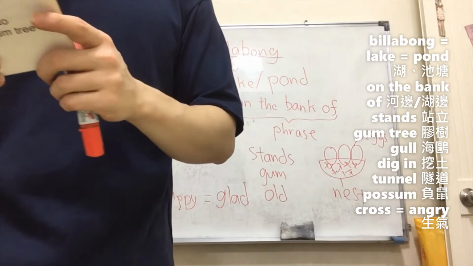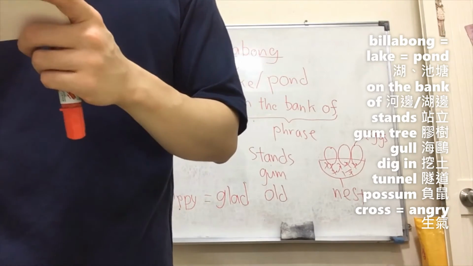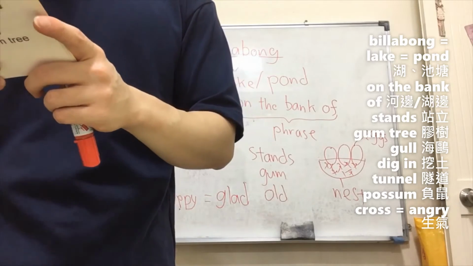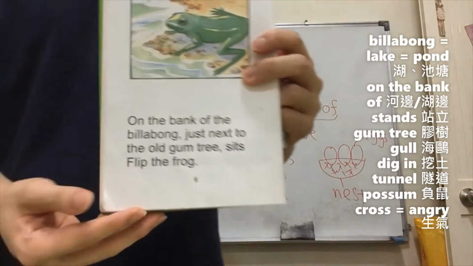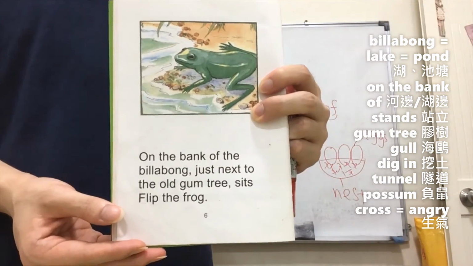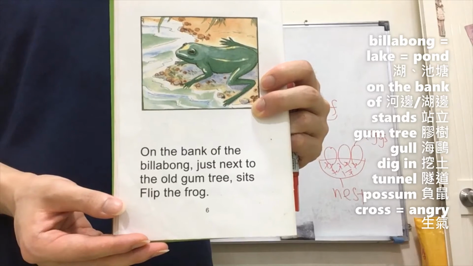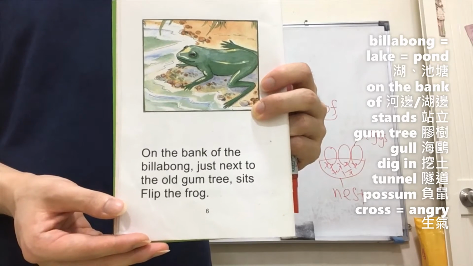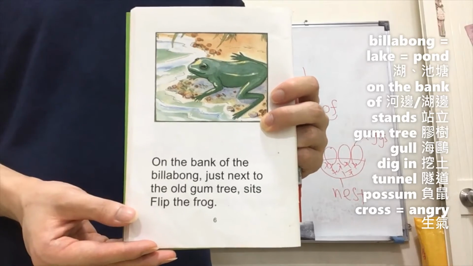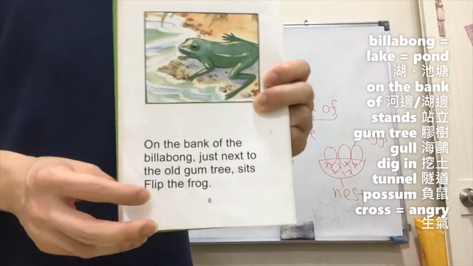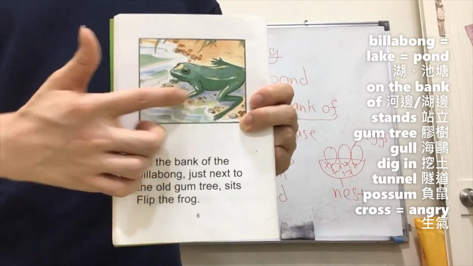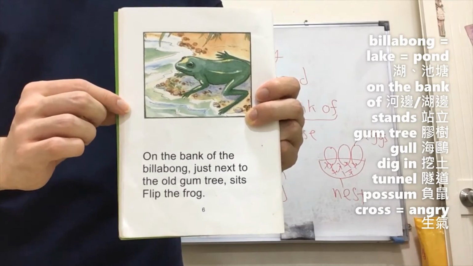On the bank of the Billabong, just next to the old gum tree, sits Flip the frog. Okay? So Flip is the name of the frog, right?